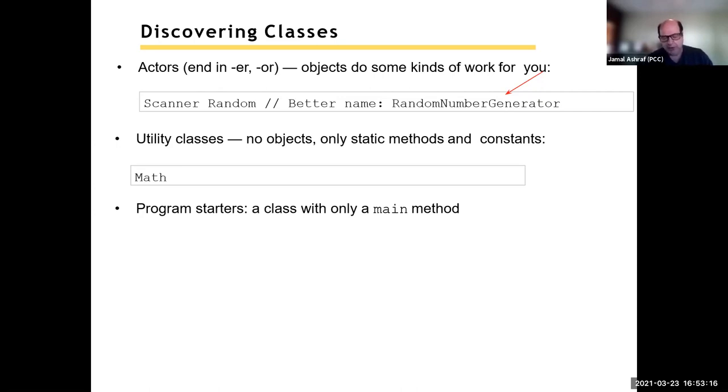I might use it in a GUI. I might use it in reading and writing to a file. I might use it to read and write to a database. So reading and writing should not be the concern of my class. It's going to be a concern of some other things. Maybe the main would be a good place for it.